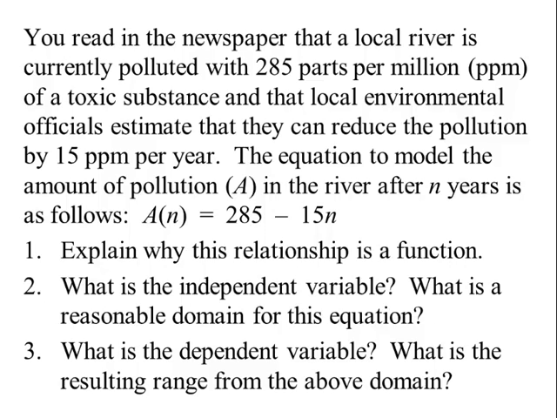A of n equals 285 minus 15n. Number 1, explain why this relationship is a function. Number 2, what is the independent variable? What is a reasonable domain for this equation? Number 3, what is the dependent variable? What is the resulting range from the above domain?